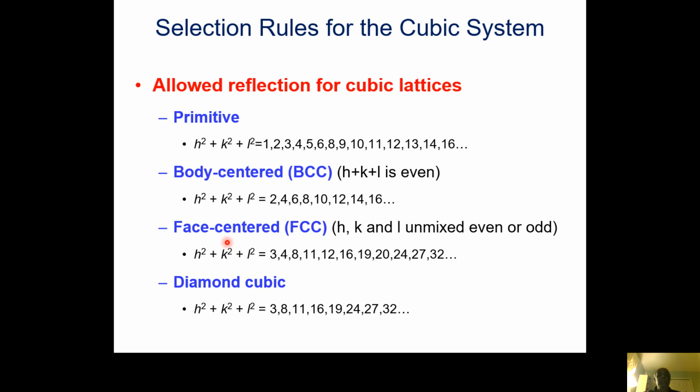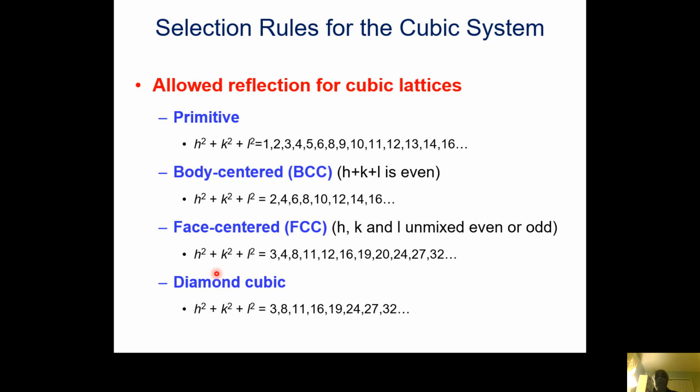If you take face centered, all h, k, l should be even, or all h, k, l should be odd; you cannot have mixed ones. So if you take the sum h squared plus k squared plus l squared, they can be only these numbers. What numbers can you have?